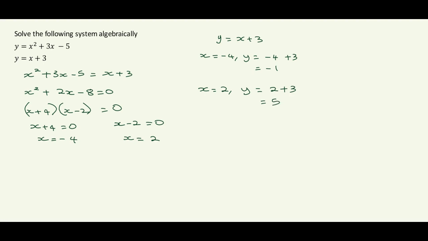So we have two solutions to the system: negative 4, negative 1, and also 2, 5.